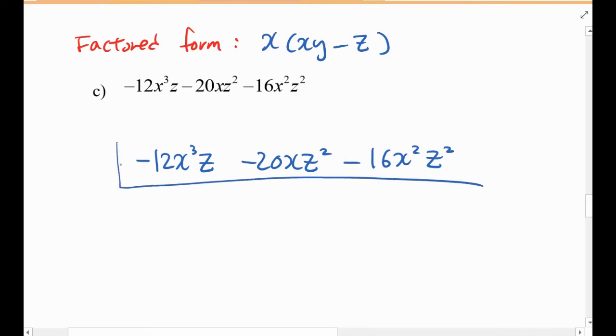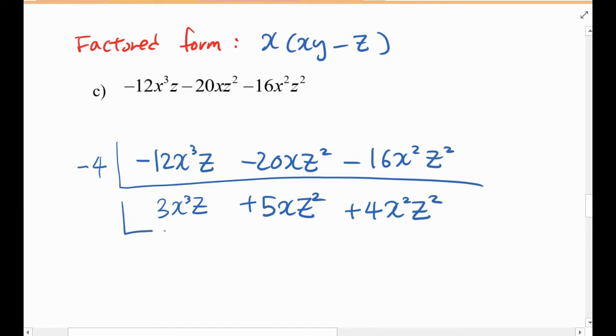Let's divide each term by -4. Then -12 divided by -4 becomes +3. -20 divided by -4 becomes +5. -16 divided by -4 becomes +4.